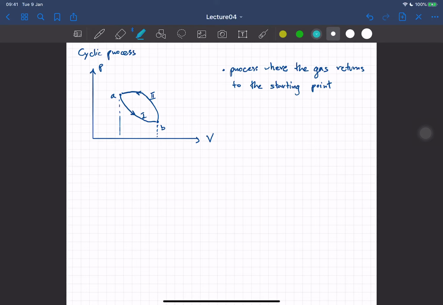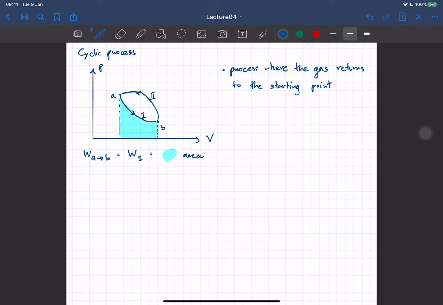Okay, so going from A to B, the gas is going to do this much work, right? The area under the curve for path number 1, right? So work from A to B is going to be work from path 1, which is the blue area here. Okay, so just draw the blue area here.